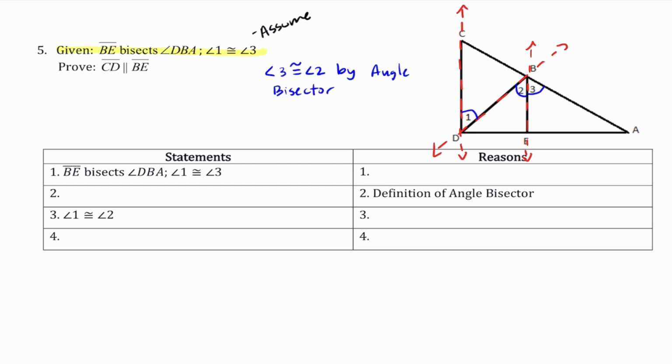So I'm going to write angle 1 is congruent to angle 3 by given. Now we have angle 1 is congruent to angle 3 by the given, and angle 3 is congruent to angle 2 by the angle bisector. What does this imply? Well, by the transitive property, angle 1 is congruent to angle 2 by the transitive property.